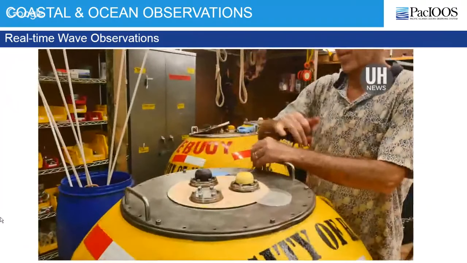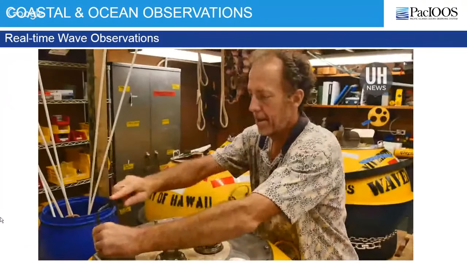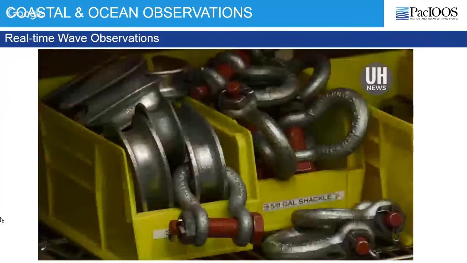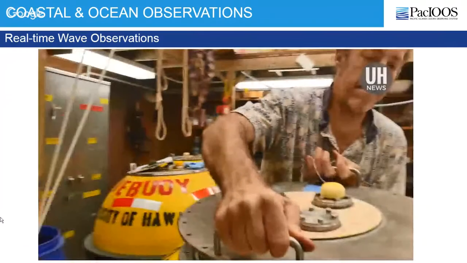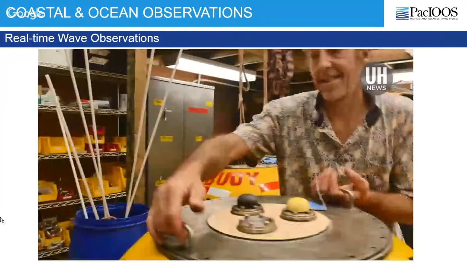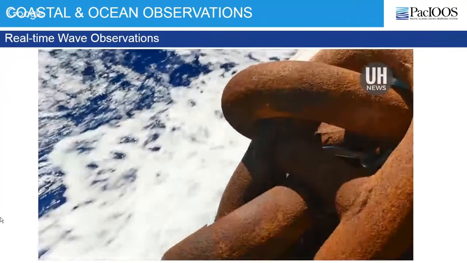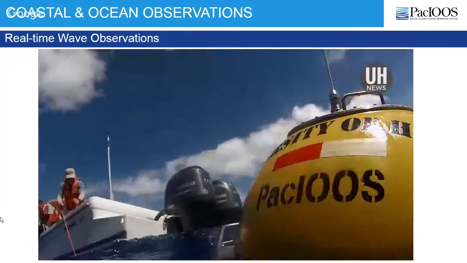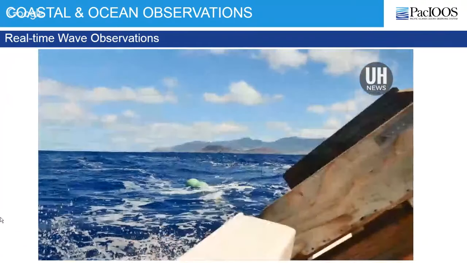Pac IOOS is based at the University of Hawaii at Honolulu's School of Ocean and Earth Science and Technology, and is one of 11 regional associations of the U.S. Integrated Ocean Observing System. Many commercial and recreational ocean users, as well as state and federal agencies, utilize Pac IOOS wave buoy data to assess ocean conditions, allowing for safe operations and ocean use.